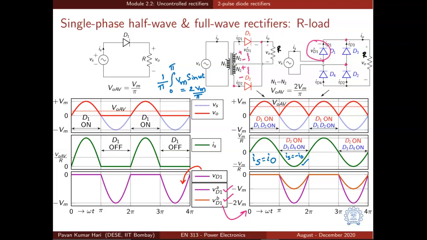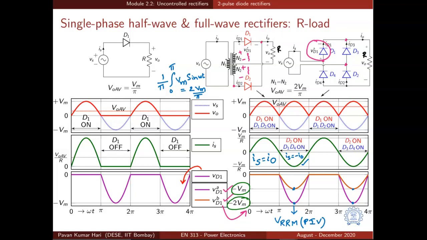So the maximum voltage that appears across a diode, which is VRRM, repetitive reverse maximum voltage, or another term that is used for this is peak inverse voltage, PIV, is minus Vm in the case of a bridge rectifier, while it is minus 2 Vm in the case of a 2 diode rectifier.